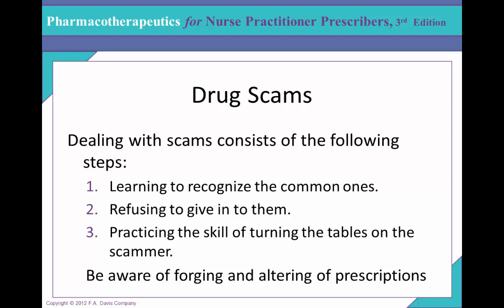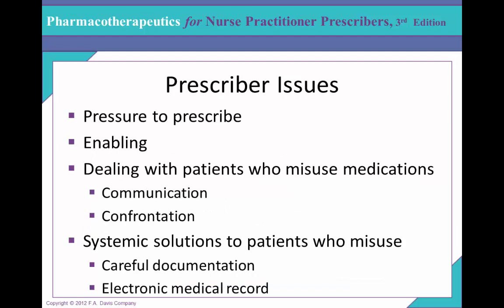So again, try to learn how to recognize the common cues, refuse, say no if it's not indicated, be aware of the forging and altering of prescriptions. So always try to spell out twice a day instead of BID, five refills in letters instead of the number 5, etc., because that could be changed to a different number.